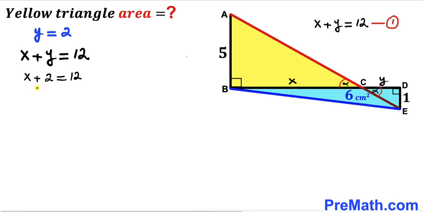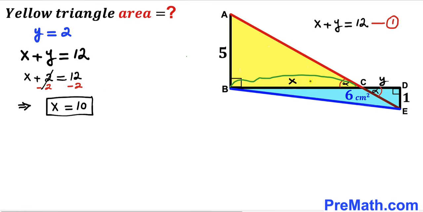Now I'm going to subtract 2 from both sides to isolate x. Here they are gone. So our lowercase x value turns out to be 10 centimeters. Thus the BC length, represented by x, is 10 centimeters.